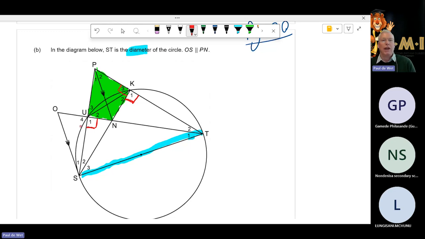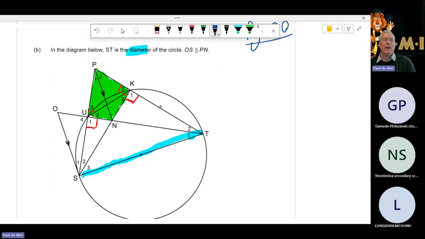All right, so you're saying that's 90 and therefore? I'm just a little bit nervous about the last part of what you're going to say now. Are you going to say that the opposite angles are supplementary because it's a cyclic quad? Or are you going to say it's a cyclic quad because the opposite angles are supplementary?